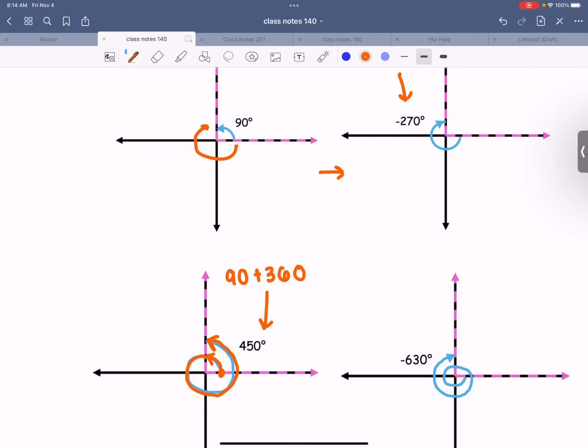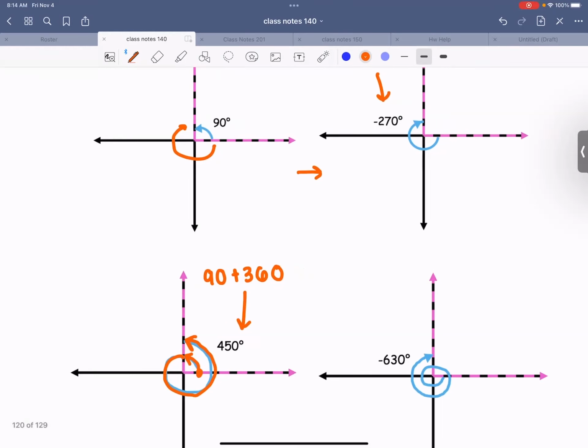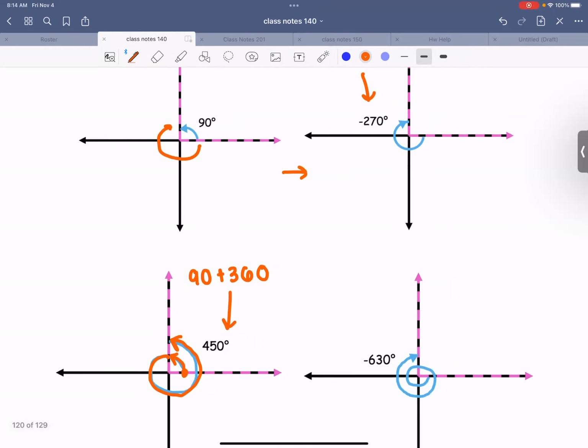Now, we don't just have to do that with positive numbers. We can also subtract off 360. So I can take 90 and subtract off 360 to get negative 270. And then I can subtract off 360 again to get negative 630.